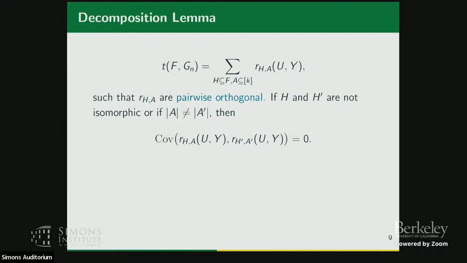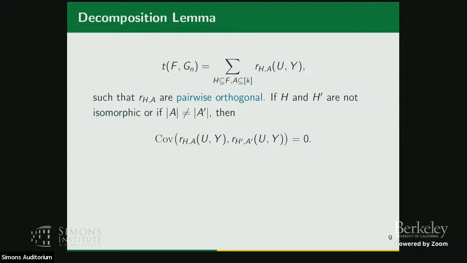Here this is a quantity where the node labels U depend only through H union A, and the edge indicators depend only through H. So you are summing over all possible subgraphs H of F and all possible subsets A of the node set of F. I'll give an example, it might be clearer.